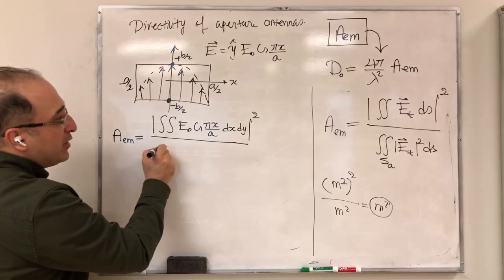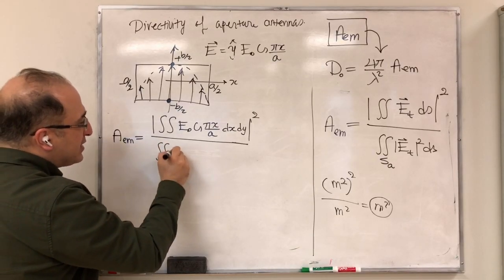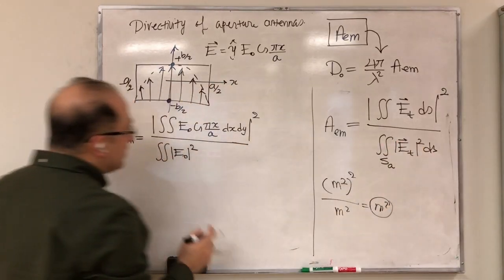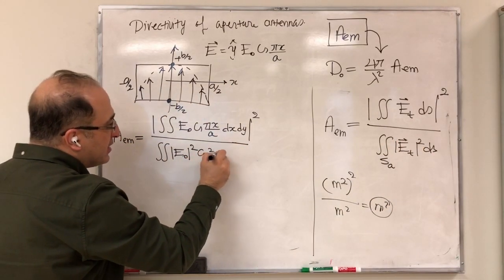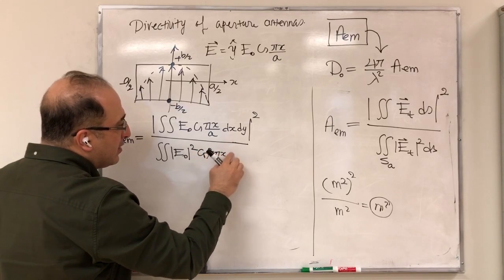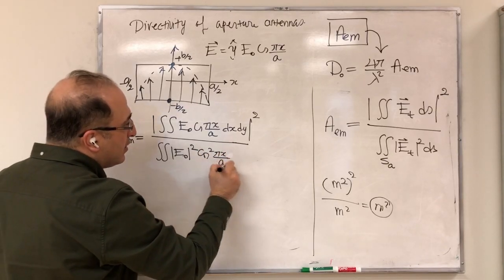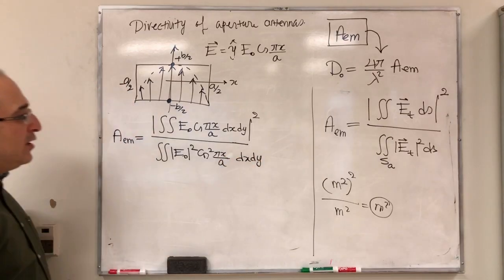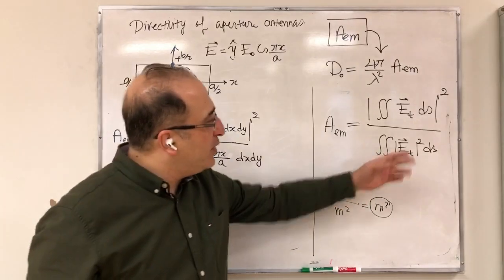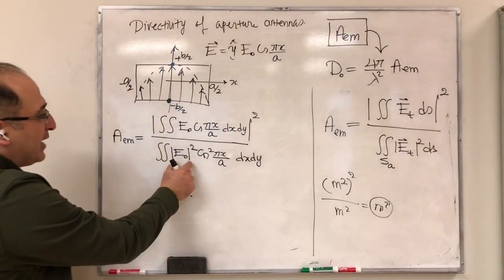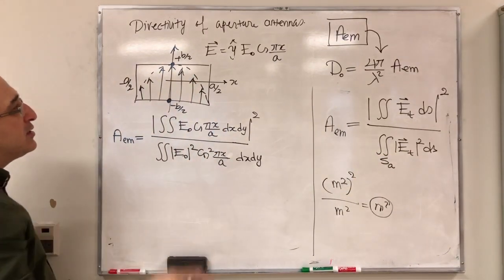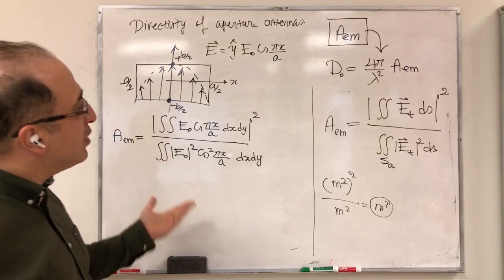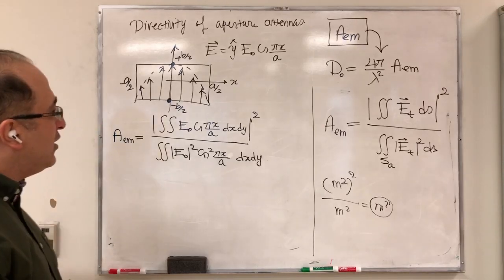And then the denominator would be something similar, but this time you're going to get the magnitude of E squared, and then dx dy. So just the integrand would be squared in this case. And I'm putting the magnitude around E naught because this could be a phasor, so I'm just going to say the magnitude of E naught squared is simply E naught squared.